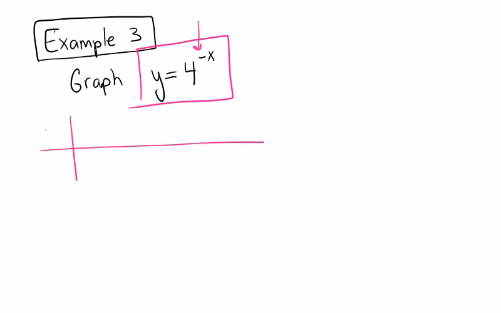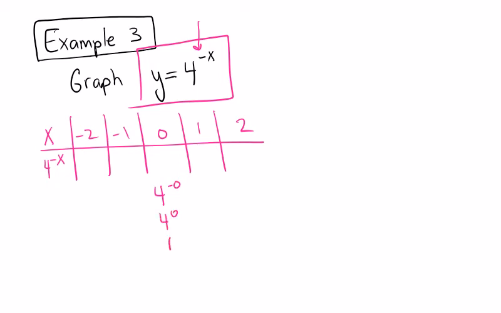Our table would still be x and then 4 to the -x, and then -2, -1, 0, 1, and 2. But now what happens? Well, 4 to the -0, there's no such thing as -0, so that's just 4 to the 0, which gets us 1. Again, everything that starts at 0 goes through 1.